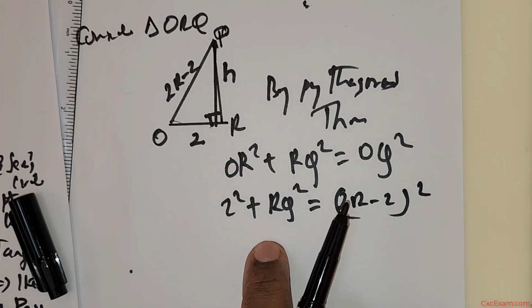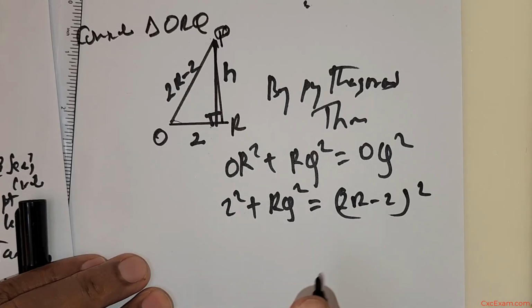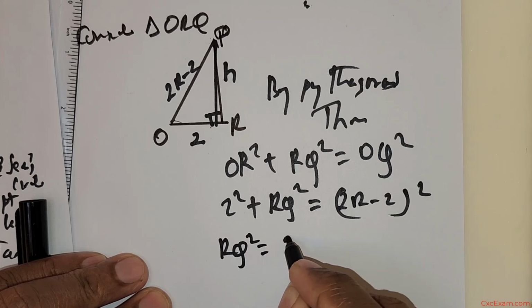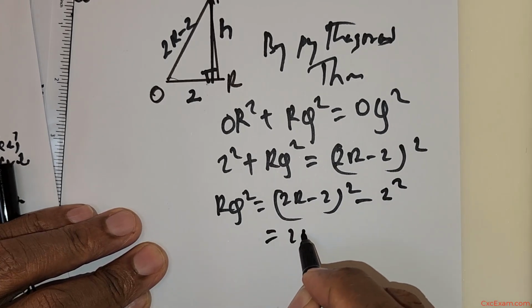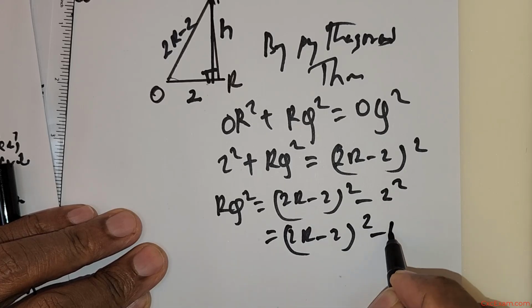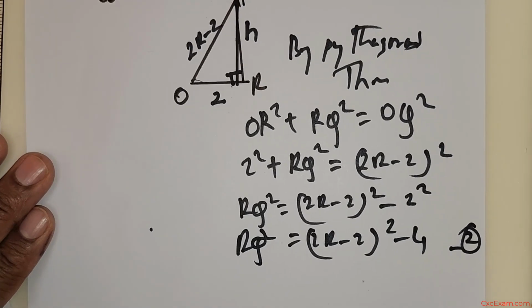Now when I say RQ squared is not known, it means that we are going to be equating it. So from here RQ squared is equal to (2r minus 2) the whole squared minus 2 squared, which is (2r minus 2) the whole squared minus 4. This is my RQ squared. I'll take it as equation 2.